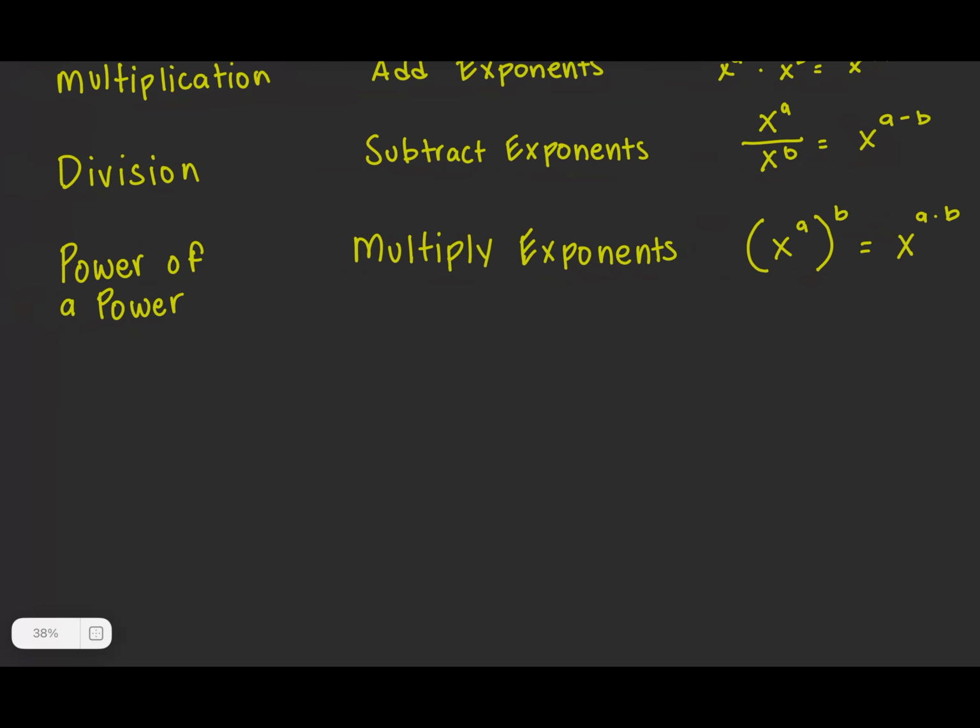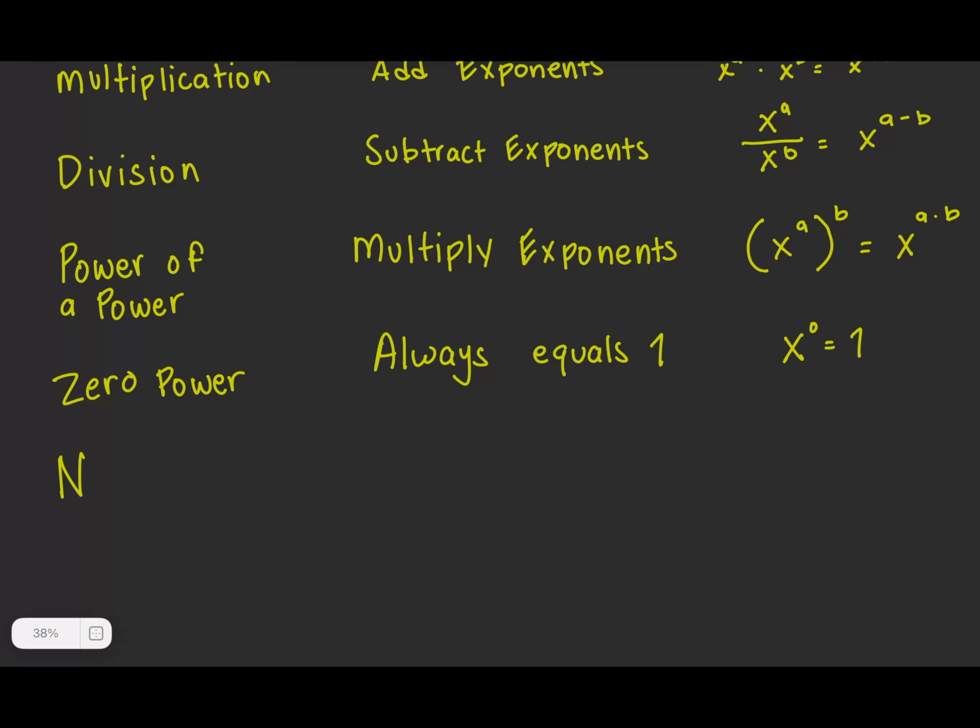If we have a zero power, the rule is that it always equals 1. So if we have x raised to 0, that's equal to 1.